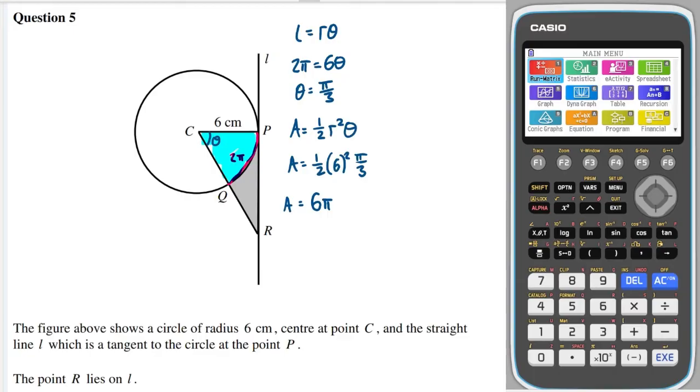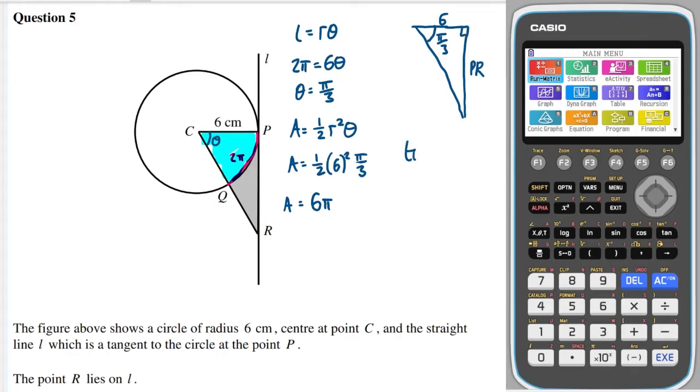The blue area there. So next I'm going to try and work out the area of this triangle that looks like this. We know that angle is pi over 3. We know the radius up there is 6. So let's try and find this value here, x, or PR should I call it. Okay, so we're just going to use SOHCAHTOA for this.